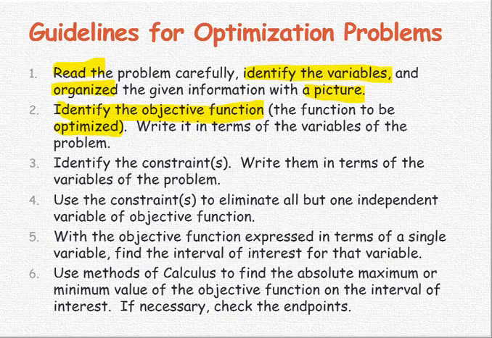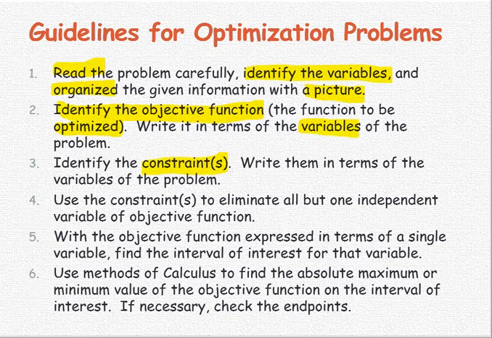Write it in terms of the variables that you identify in step 1. Step 3, identify the constraint. The constraint is the condition that shows you the relationship of the variables. So write them in terms of the variables that you identify in step 1.